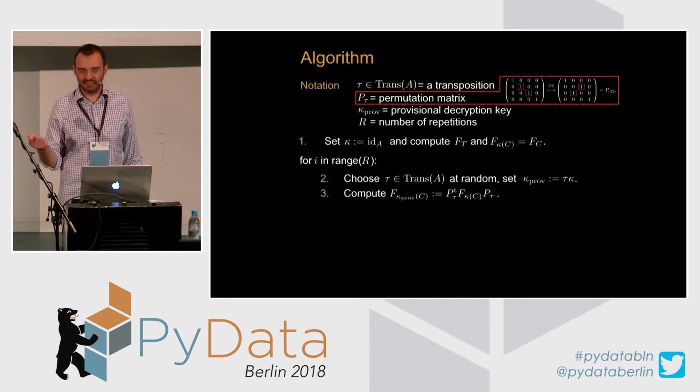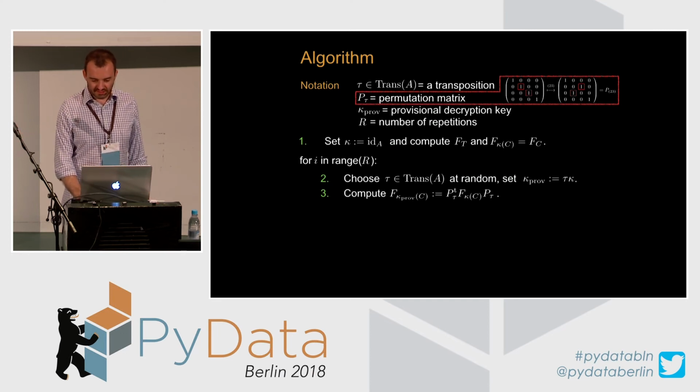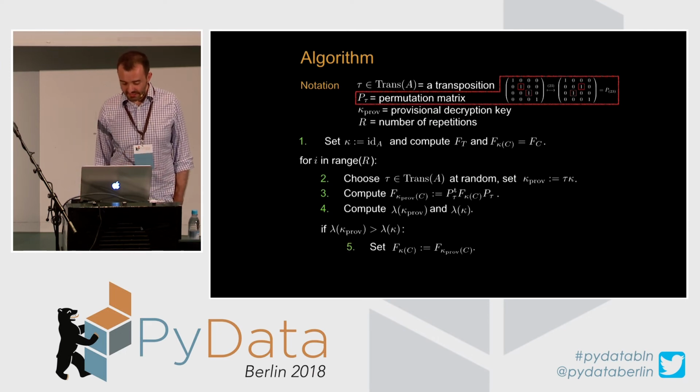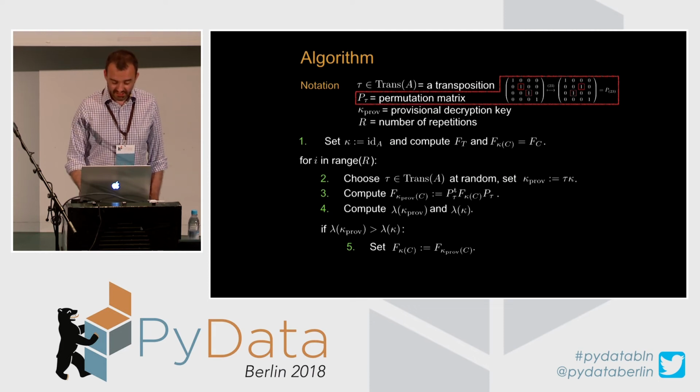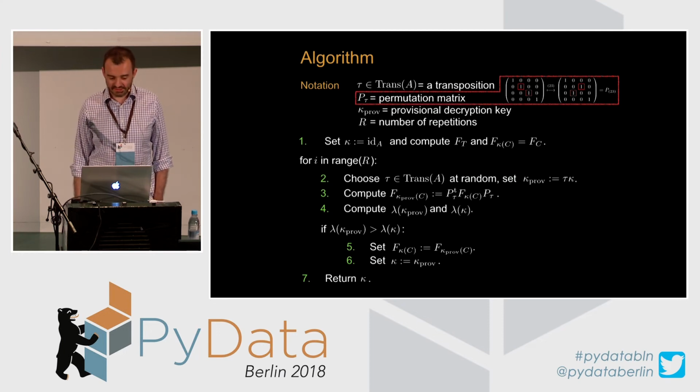Has that made my ciphertext more likely? And that's what this matrix multiplication does here. To decide if it's more likely, I need to compute the new likelihood function and the old likelihood function and compare them. And if it's more likely, then I update everything. You do this a whole lot of times, and then you return your key. And that's the algorithm.